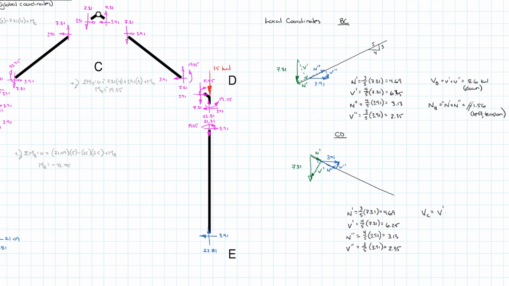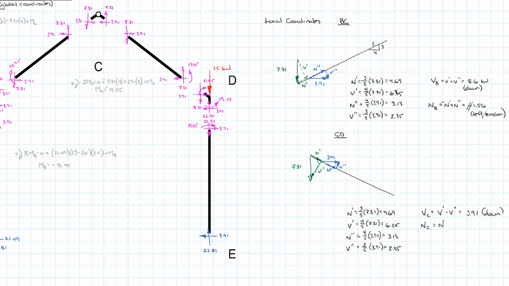So in combining them, we have our V at C is equal to our V prime, in the opposite direction is V double prime. So that's equal to 3.90, down. And our normal force, our normal at C: if I'm looking at N prime, it is to the right, or putting it into compression, and N double prime is the same.